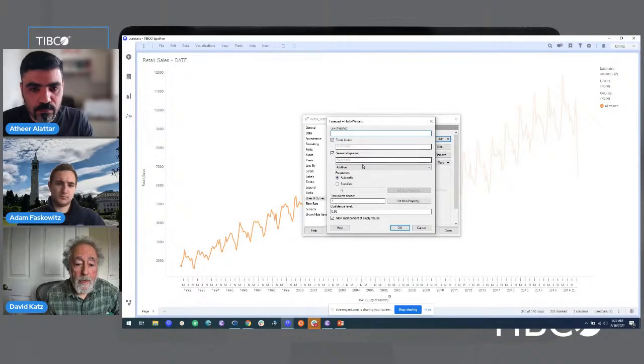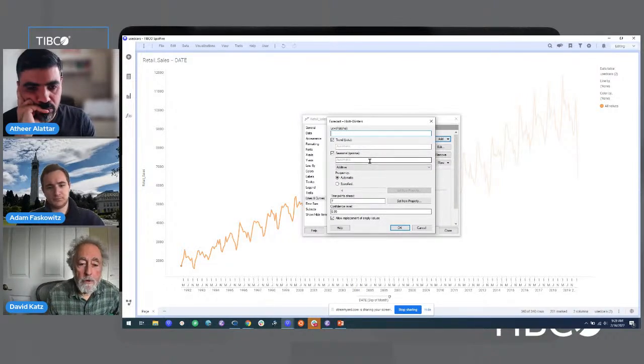Now this alpha, beta, and gamma appear in that formula for the recursion, but you don't have to specify them. Spotfire will automatically find the best parameters to make these work.